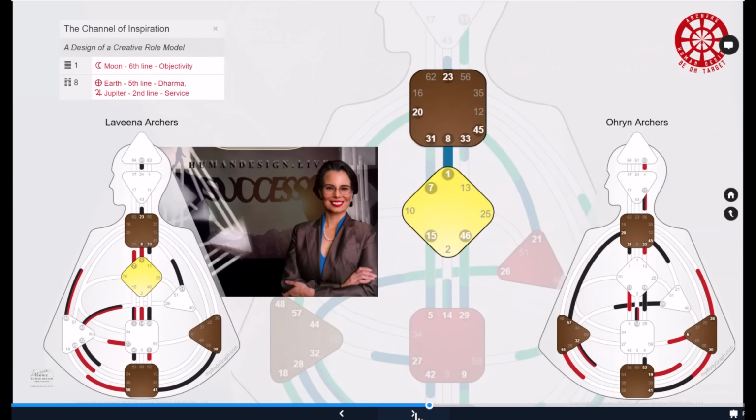Okay. So here we have the channel of inspiration, design of a creative role model, as you know, your success in the world by both the harmonic within the eights, and then a little dissonance here within the moon, the first gate. And so what happens here is that, Oren, you can see how Lavina is objective in her creative self-expression, and also that she has a message to share, part of her dharma, her work in the world, with others in order to empower individuals to go their own way and do their own thing.